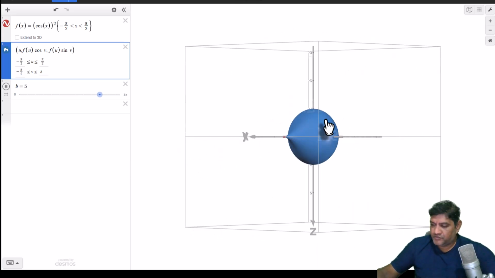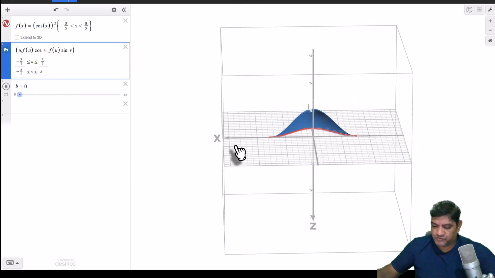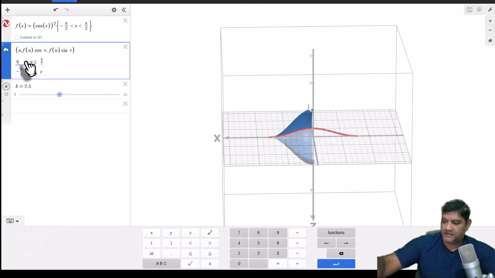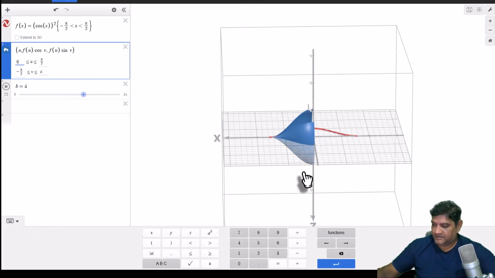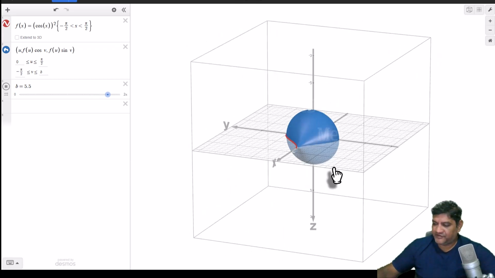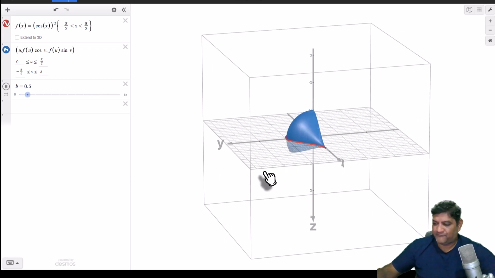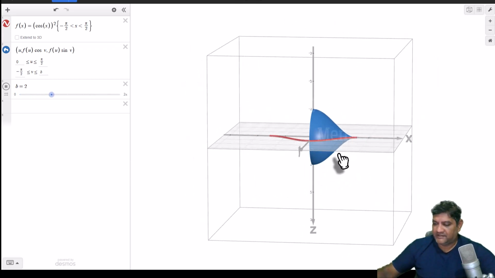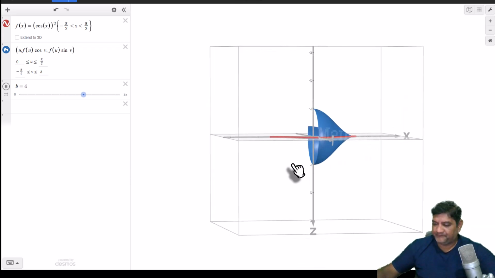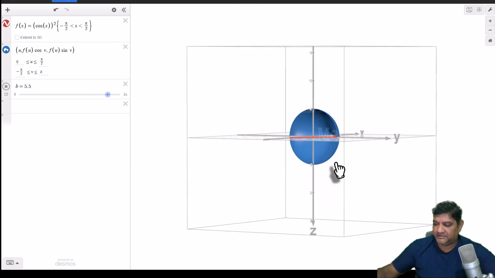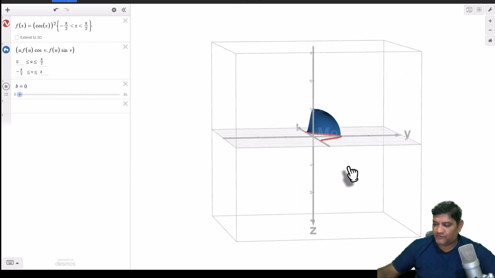So what I'm doing instead is to consider the area from 0 to pi by 2. When I consider that, you can see that I'm getting half of the solid, and I'm simply going to be multiplying it by 2 to get the complete volume.